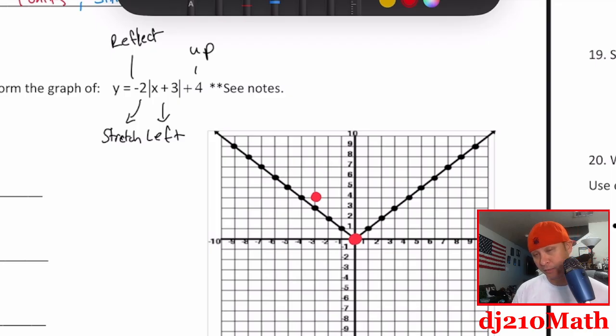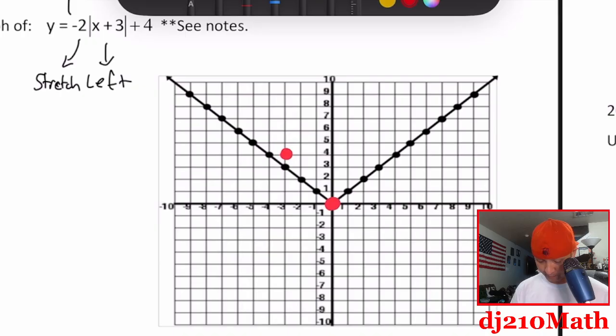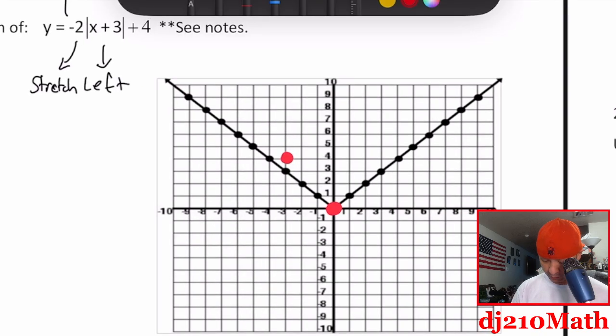I'm sorry. It's going to go up or down. So it's going to go down. And then 2 over 1. Yeah, 2 over 1. Down 2 over 1. Sorry. So down 2 over 1. I'm going to get rid of this one so it's not confusing.